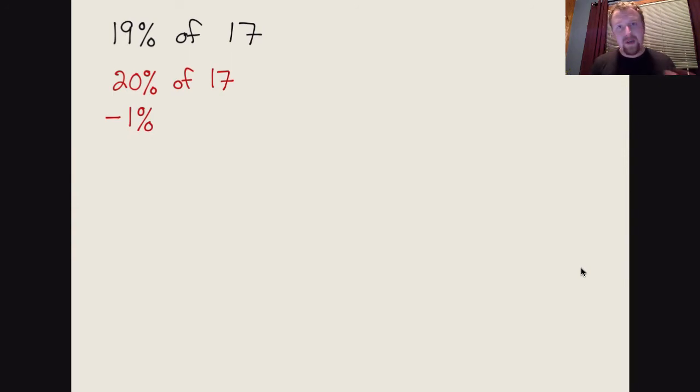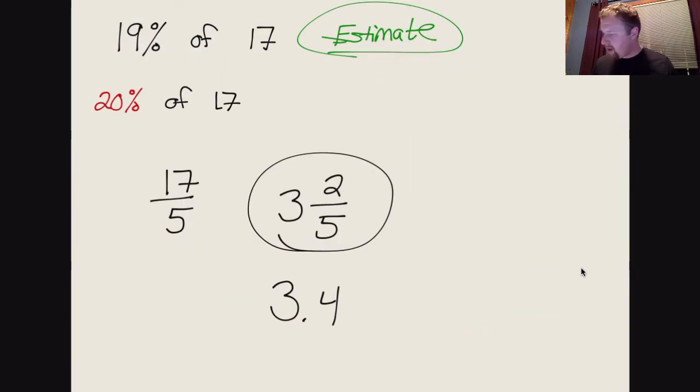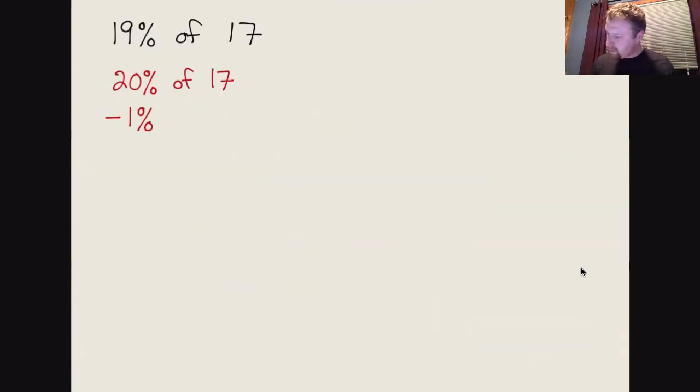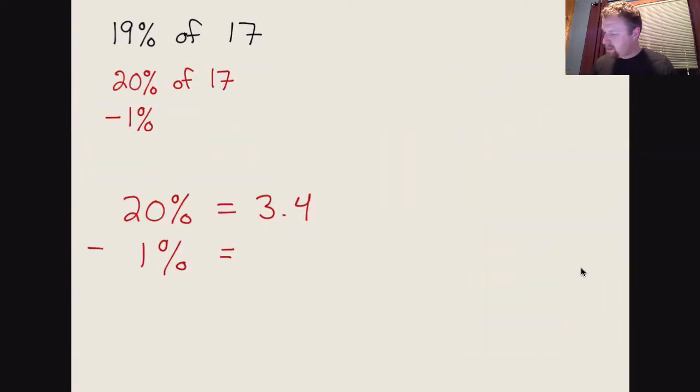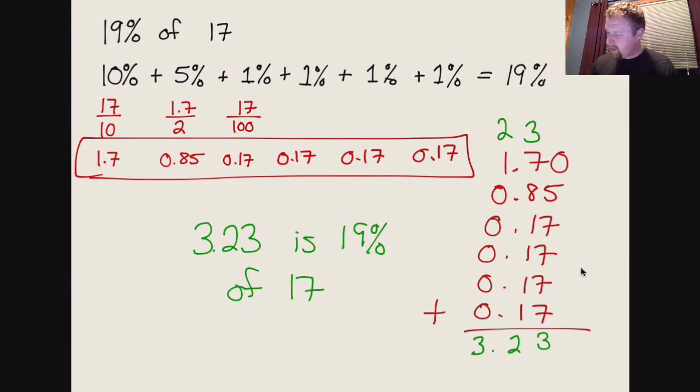So when we were using our estimation strategy back here, we found that 20% was 3.4. So I know that 20% of 17 equals 3.4. And if I subtract 1%, which equals, if you recall, 0.17, you can kind of see it here, here, here, and here.